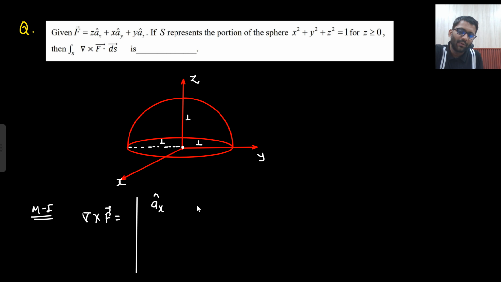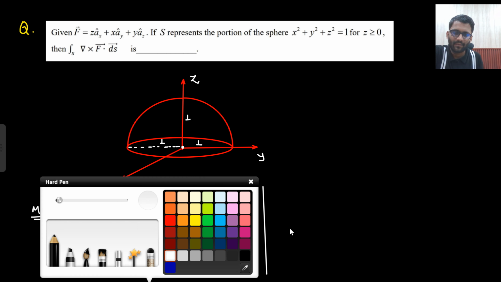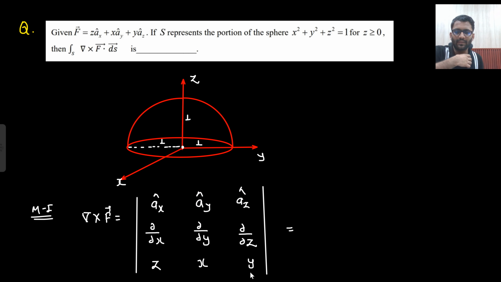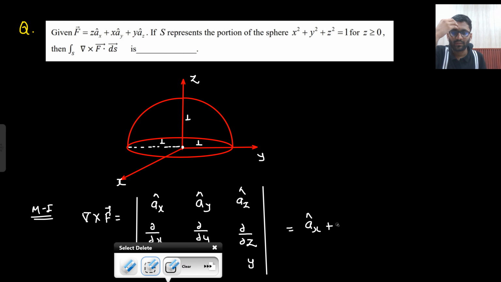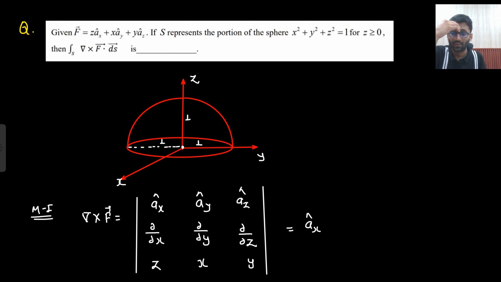So pause the video or just fast forward it and then find del cross F. 1, so Ax cap plus, 1 only.